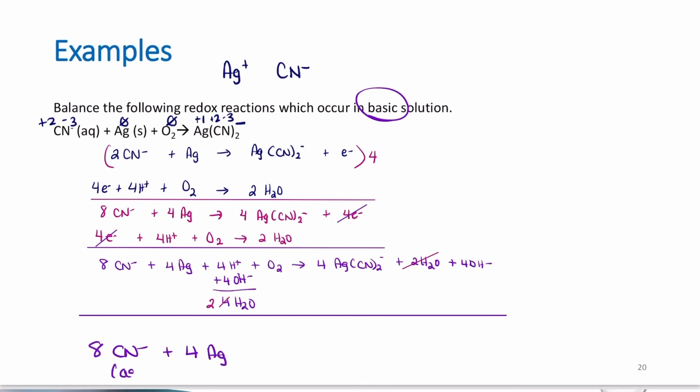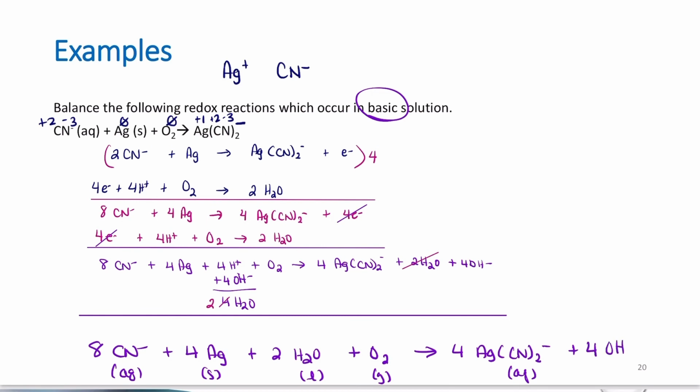CN minus is aqueous, Ag is solid. 2 waters, liquid phase, 1 mole of O2 gas, resulting in 4 moles of AgCN2 minus, aqueous, plus 4 moles of hydroxide because I am under basic conditions. And that is your balanced equation.